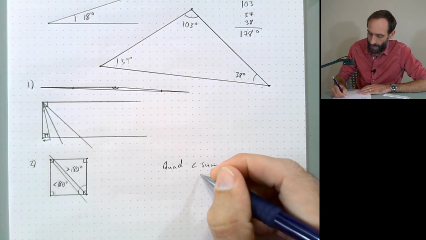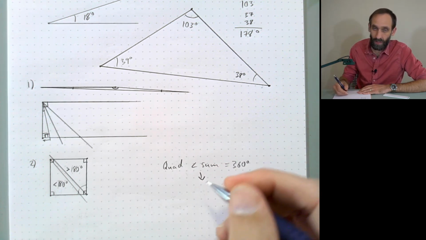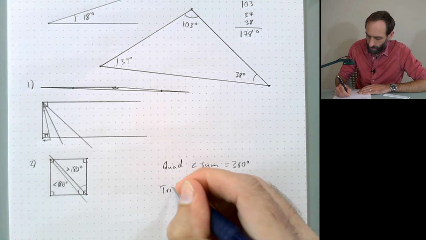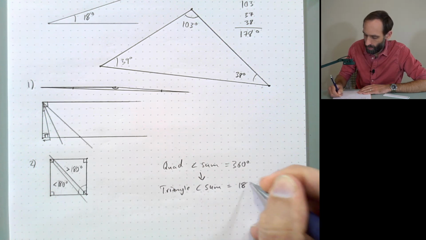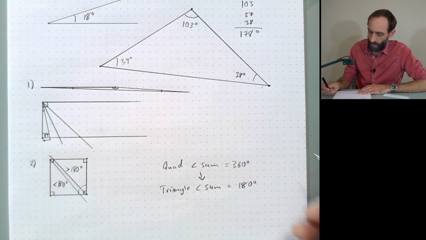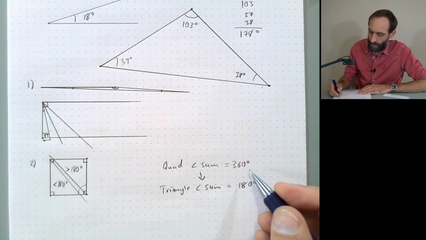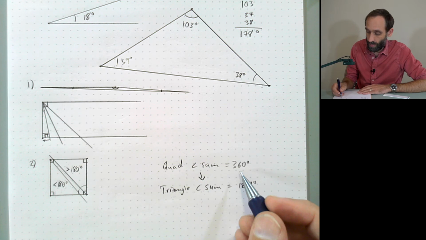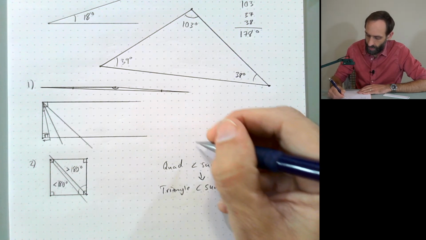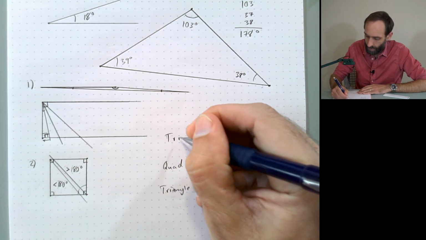And they want to use that as evidence to show that the triangle angle sum equals 180 degrees. Well, the problem is the fact that the angle sum of a quadrilateral is 360 actually depends on the triangle angle sum.